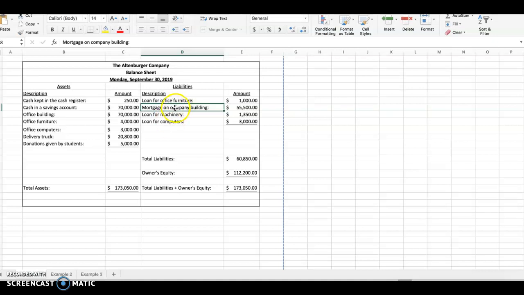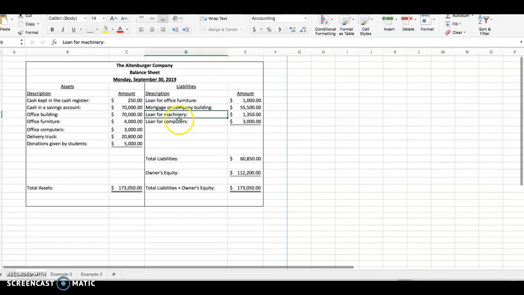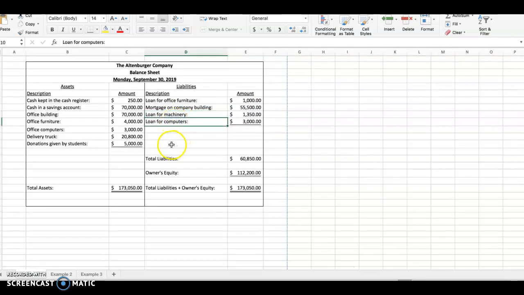So there's a mortgage on the company building of $55,500. There's a loan in this case for machinery and a loan for computers. So this company owes all that money. And the total of the liabilities is $60,850, and again, simply a total of those numbers.